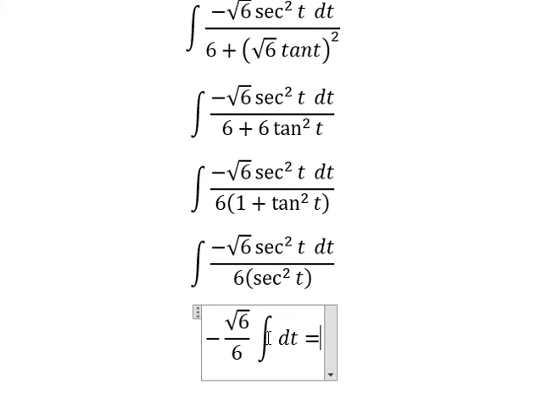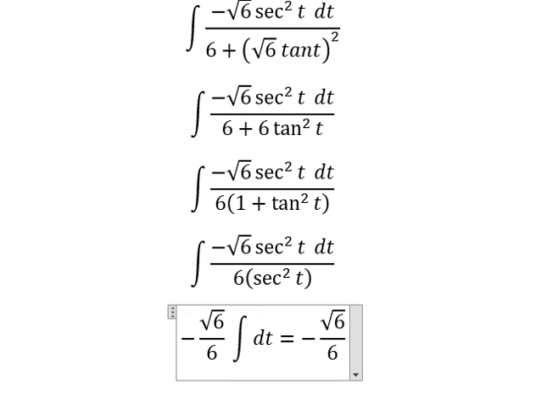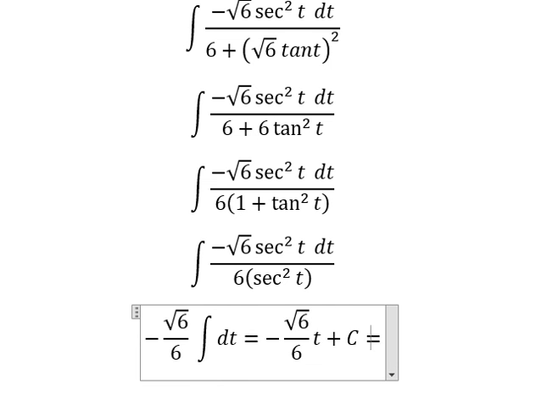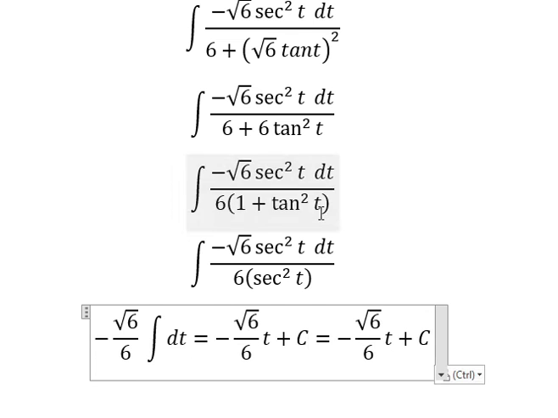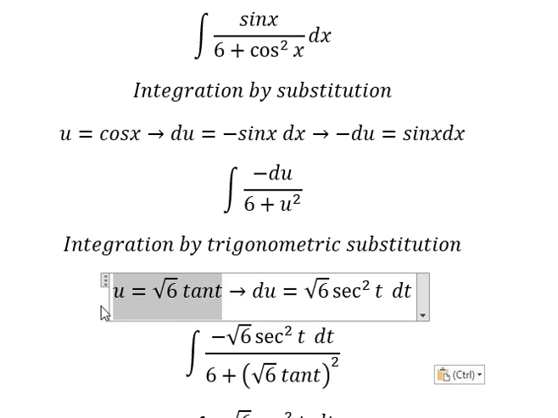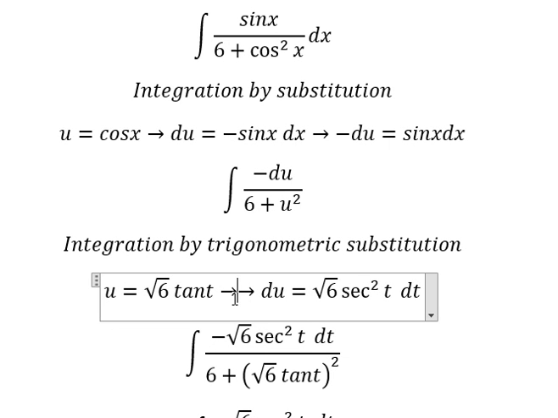So the integration of this one, we have t, and I will put c, about t in here. That is this one. So we divide both sides by the square root of 6.